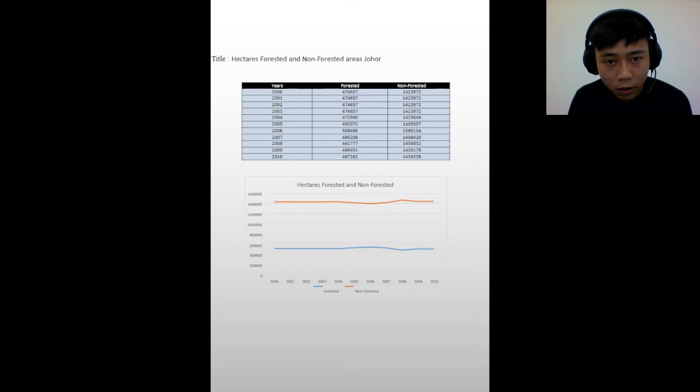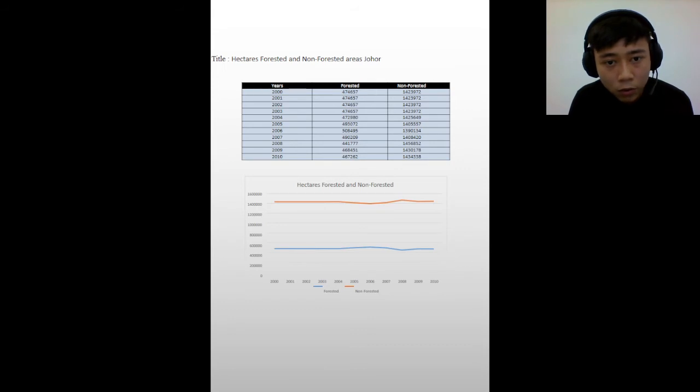So in year 2000, the hectares forested is 474,065, and non-forested is 1.42 million.